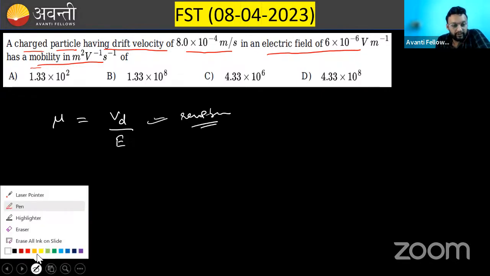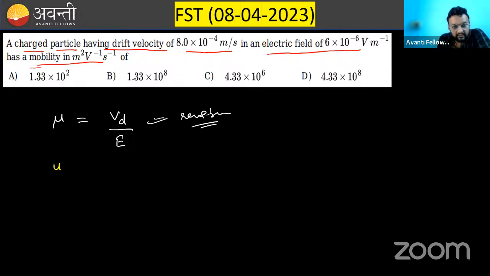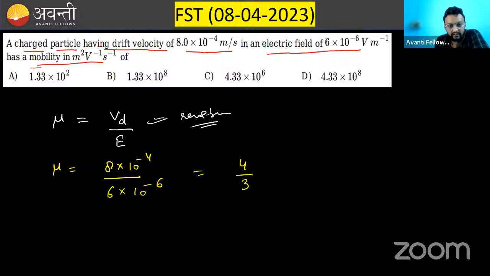What is the value of VD? Question says drift velocity is 8 into 10 raised to the power minus 4 divided by electric field is 6 into 10 raised to the power minus 6. You can divide it. That is 4 by 3 into 10 raised to the power 2.